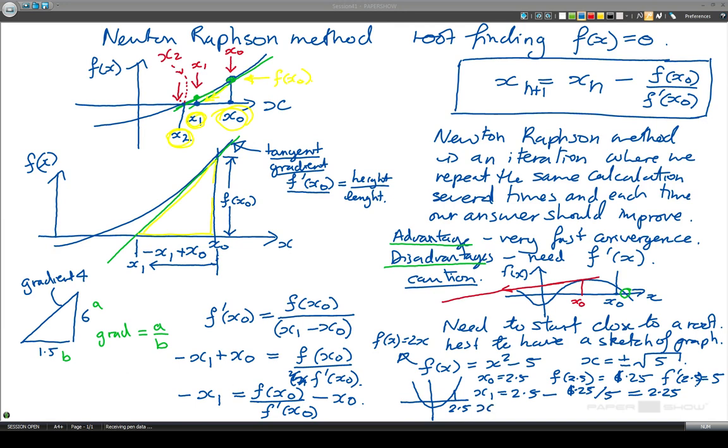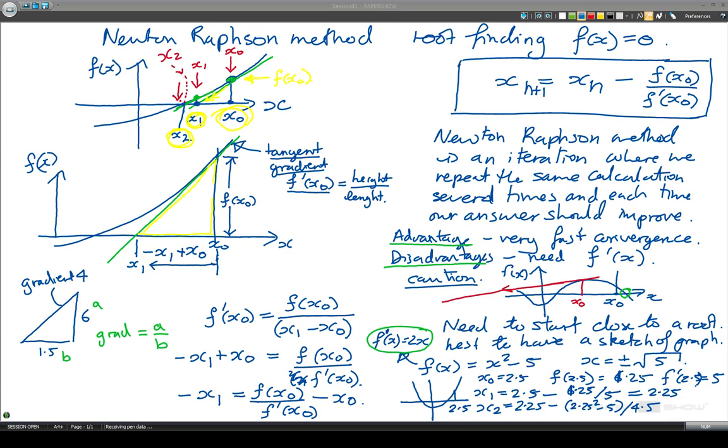Now if we do that calculation again, x2 is going to be 2.25 minus, and I just put in the equation here, 2.25 squared minus 5 divided by, well, 2.25 times 2 for the gradient function, f primed of x here is just going to be 4.5. So just put this into the calculator again.